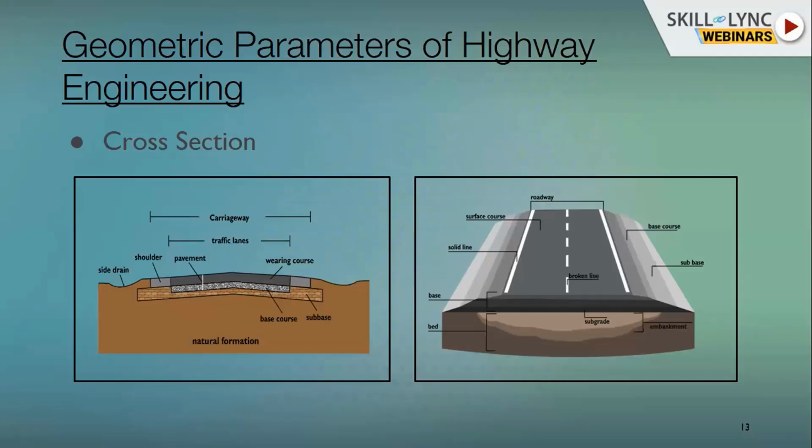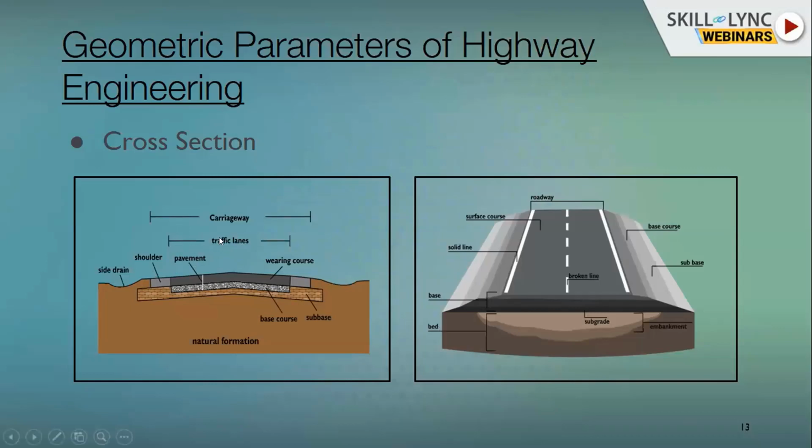In this example, I'm sharing the single carriageway cross section, where we have typical traffic lanes and different kinds of pavement layers, which have their own specifications and importance to be maintained in highway projects.